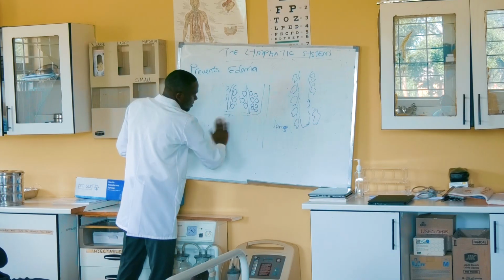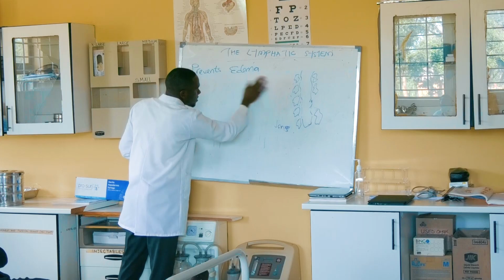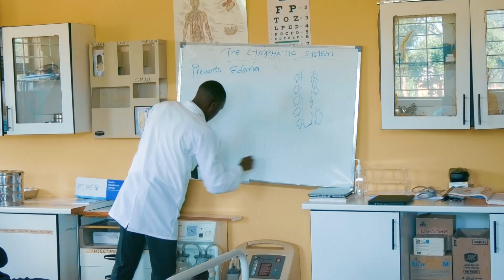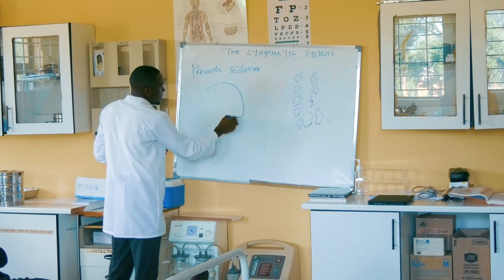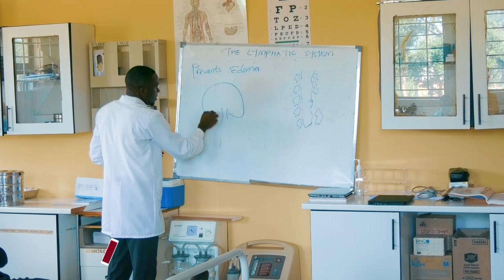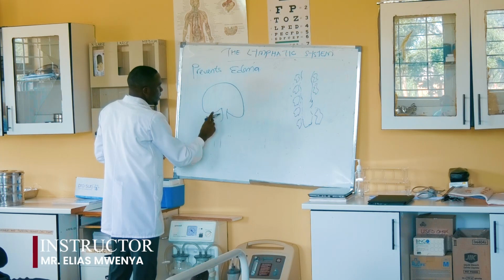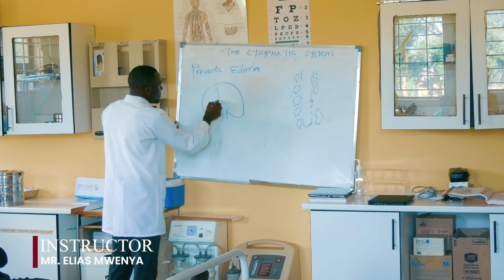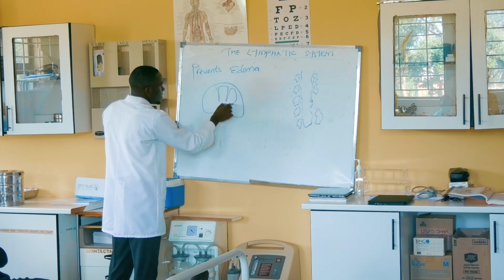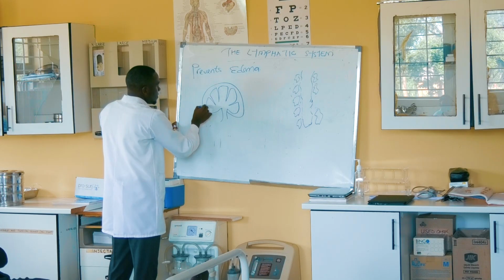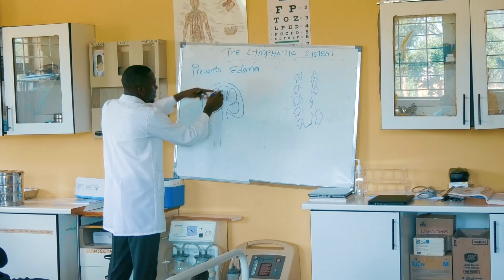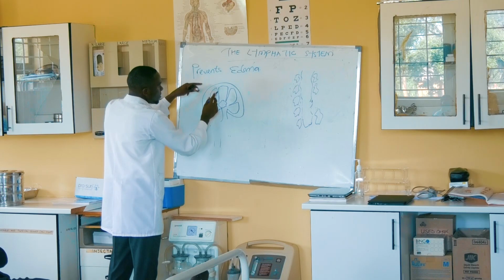Okay? So, it is more like a bean shape, okay? Then it has these sinuses, okay? So this is the cortex, then it has the medulla, okay?